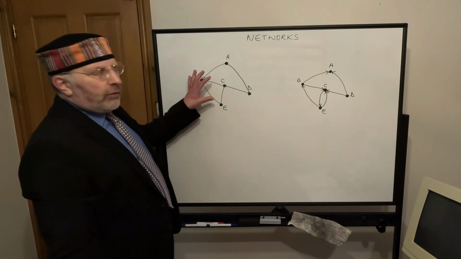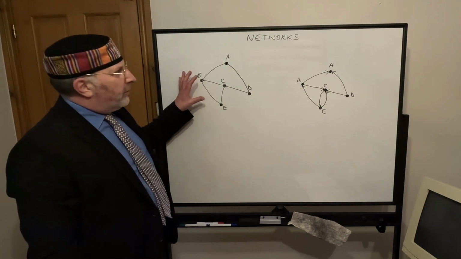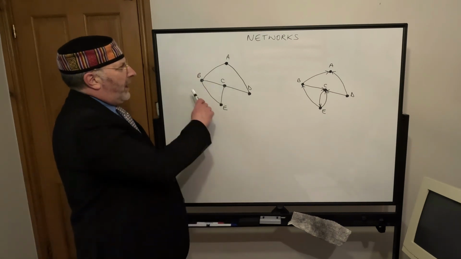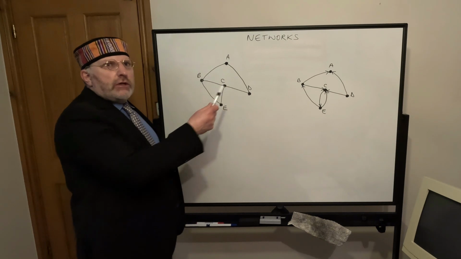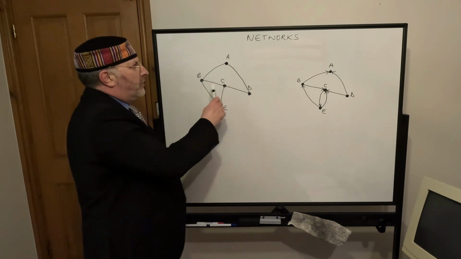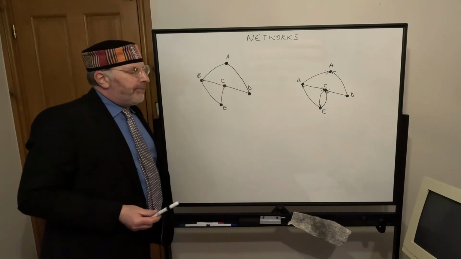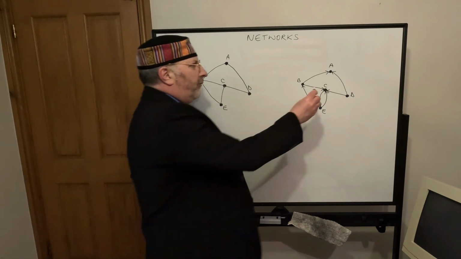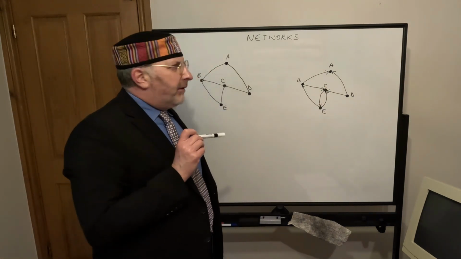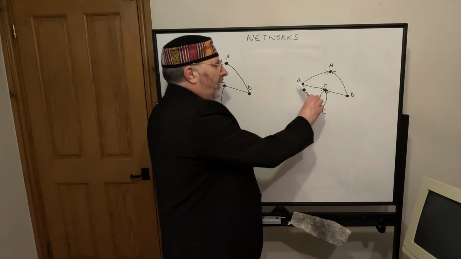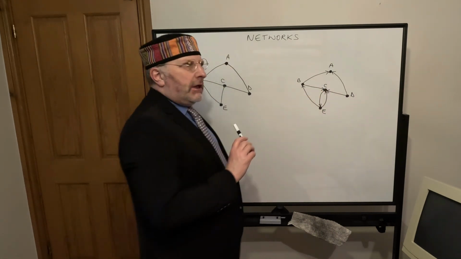And on the left we've got an undirected network. So in this case, two nodes are just linked. There's no direction to it. They're either linked or not. Whereas on this side, we've got a directed network. So in this case, there is a direction to the link.